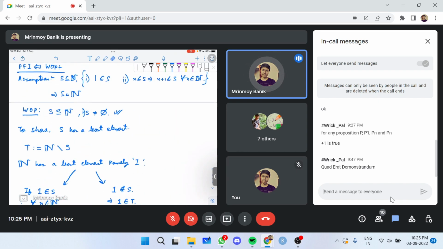Actually, to make it a proof by contradiction, we would have first assumed, for the sake of contradiction, that S has no least element.